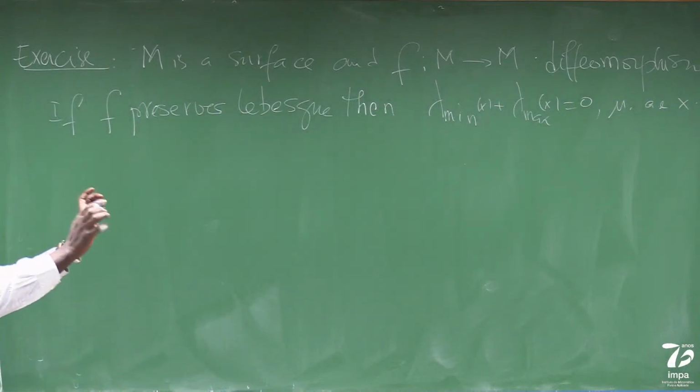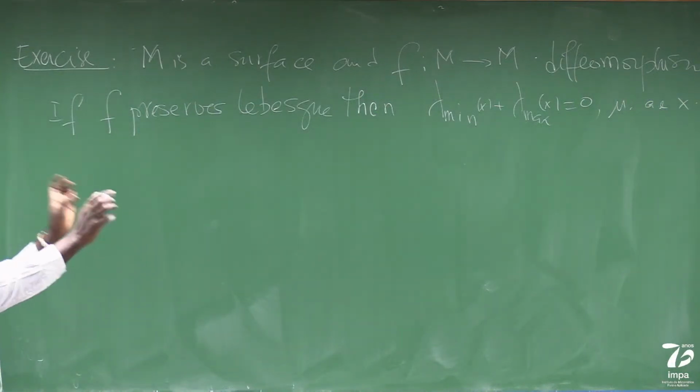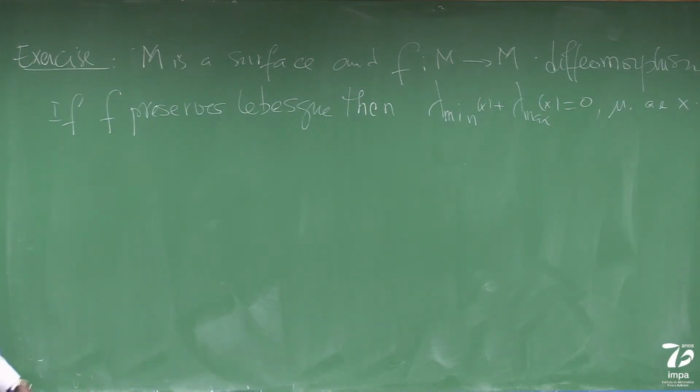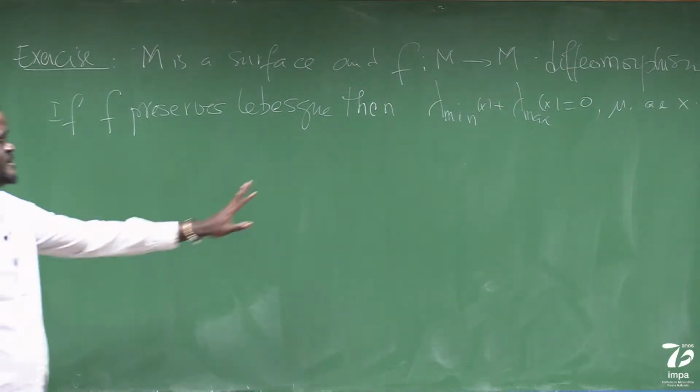So conservative systems have this property that the Lyapunov exponents cancel each other. This is an example for geodesic flows and also many contact flows. This theorem is general, okay?